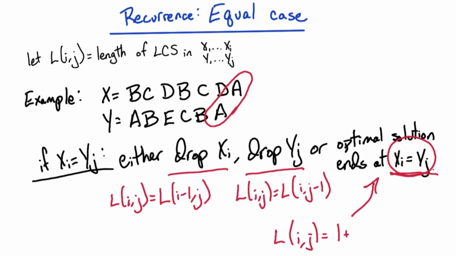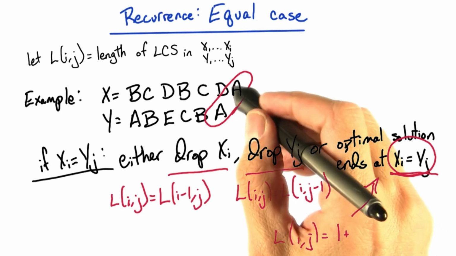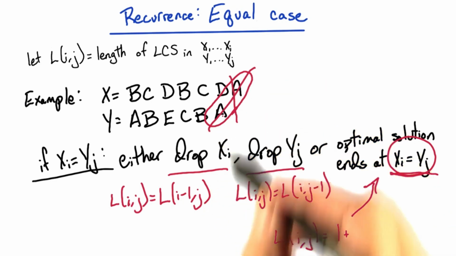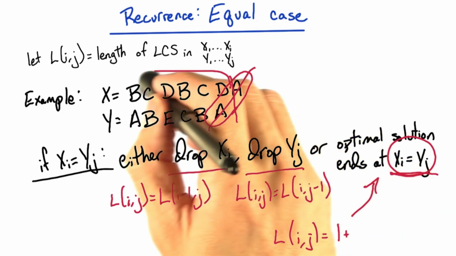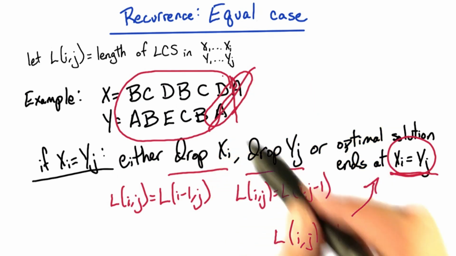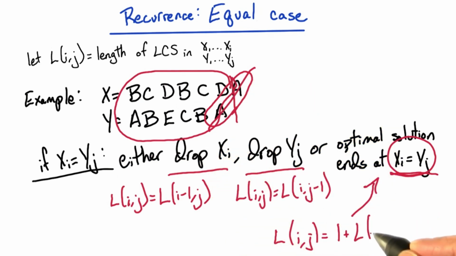And then we take the optimal solution which drops xi and yj from there, the optimal solution to these smaller prefixes. So this is L of i minus 1, j minus 1. We take the length of that optimal solution for that smaller problem, add 1 for this common character which we append at the end, and that gives us the length of the longest common subsequence in this new subproblem.